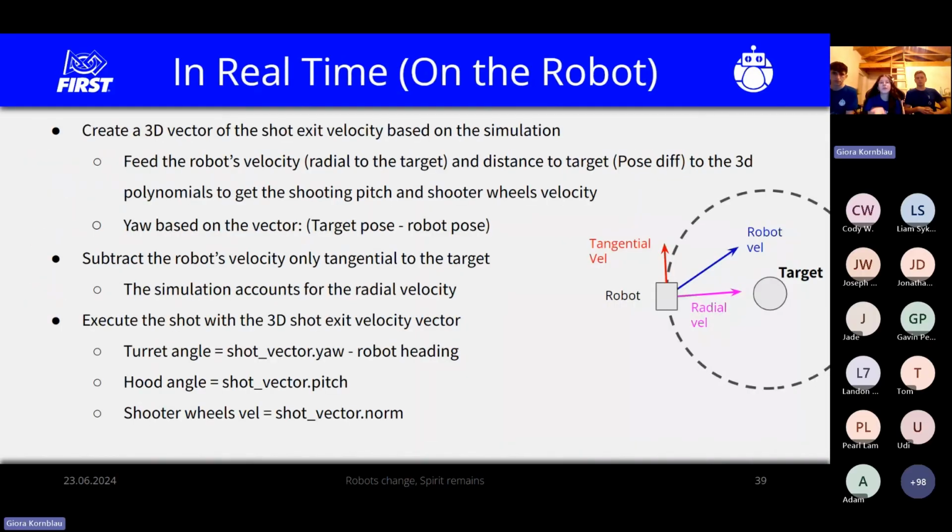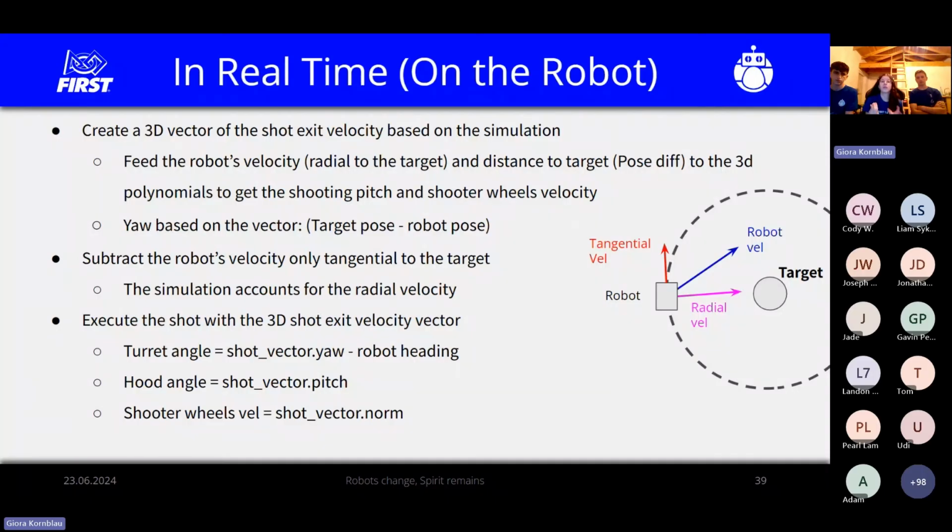So in real time on the robot, what's happening? We ran our simulation of the robot. We put everything into an Excel. And from those functions, that's what we feed into our robot. So just like in 2024, we did that once before in 2022, we created a 3D vector to feed into our subsystems of the shot exit velocity based on the simulation.